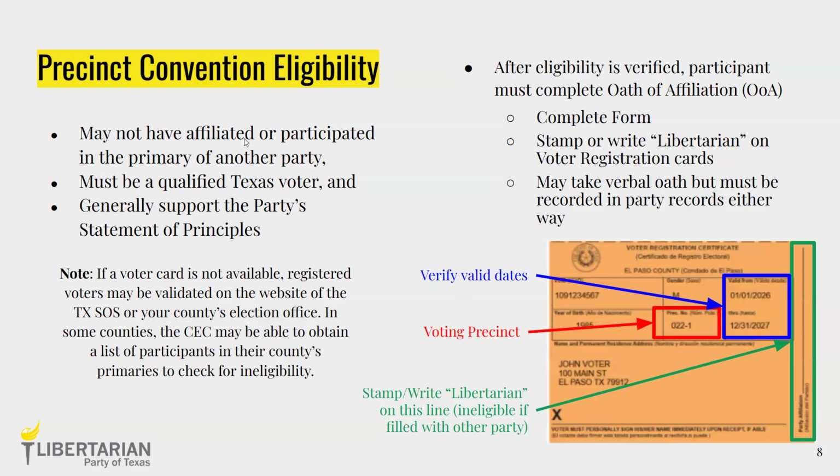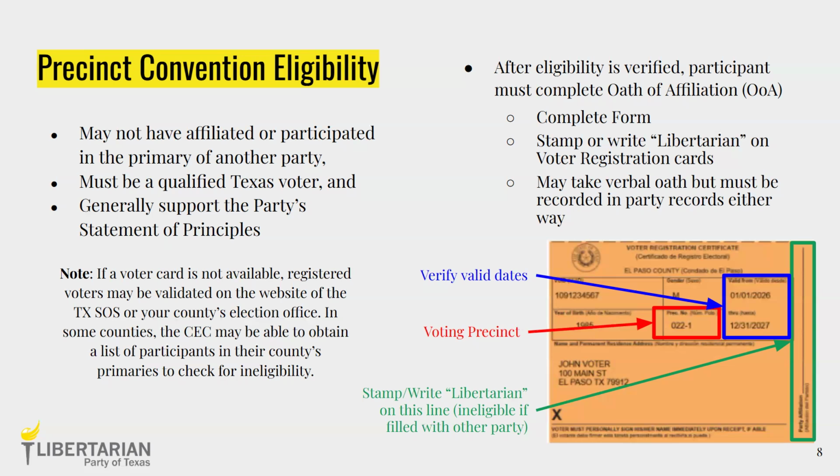So they can't have been affiliated or participated in the primary of another party. They must be a qualified Texas voter, so we will need to validate on their voter registration card, validate these dates. If they forgot their voter registration card, or say they never received it, or they've lost it, no harm, no foul. You should be able to look them up on the county election site. Most of you have smartphones, so you can go to the county election site on your phone.